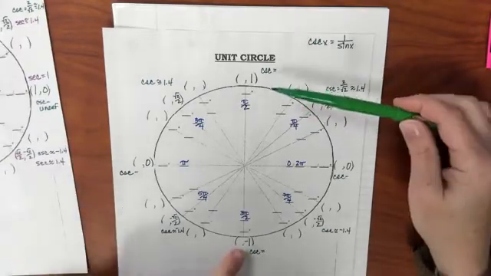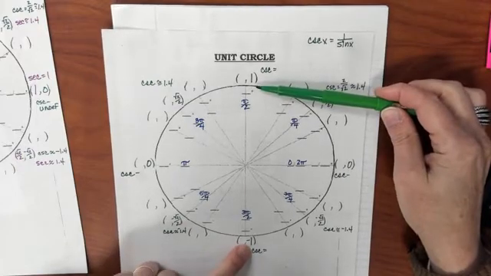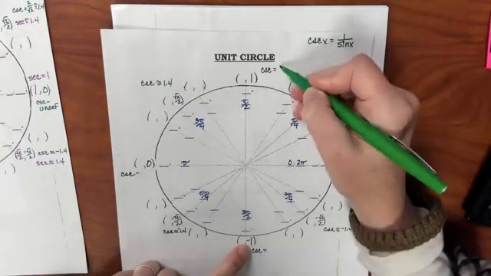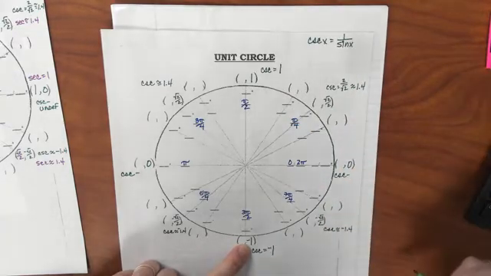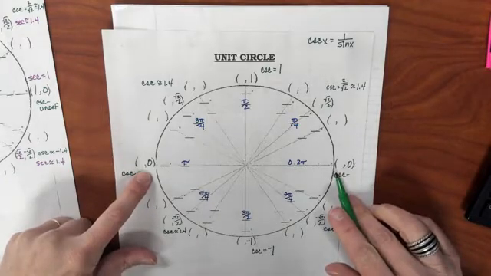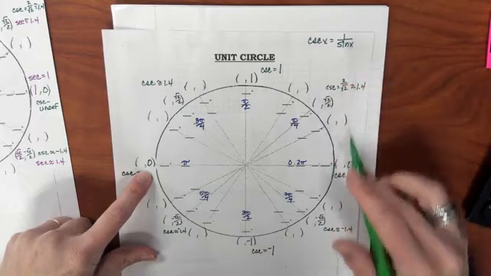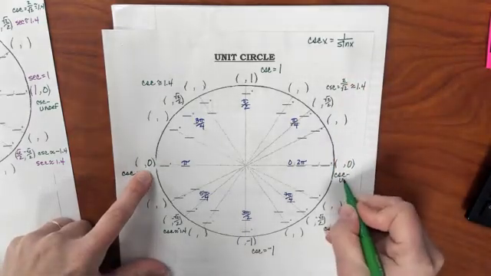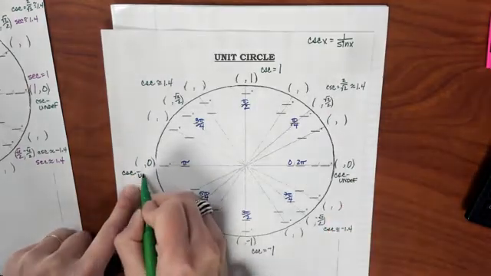Here, if sine is 1 and negative 1, then my cosecant is 1 over 1 or 1 over negative 1. But here, when you're at the pi's, you have 1 over 0, if the sine value is 0. So here we are undefined. Here we are undefined.